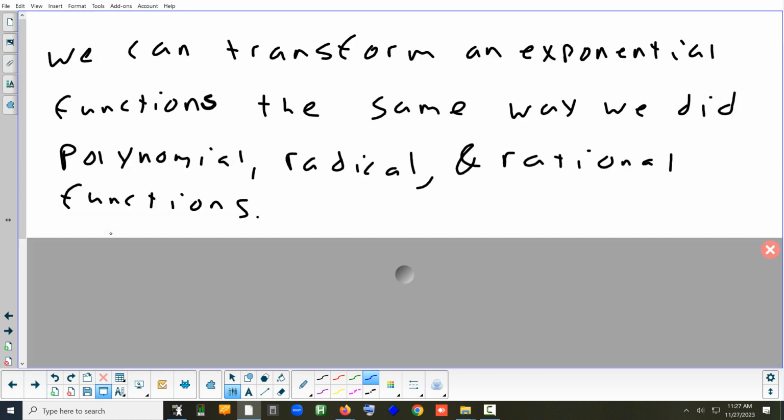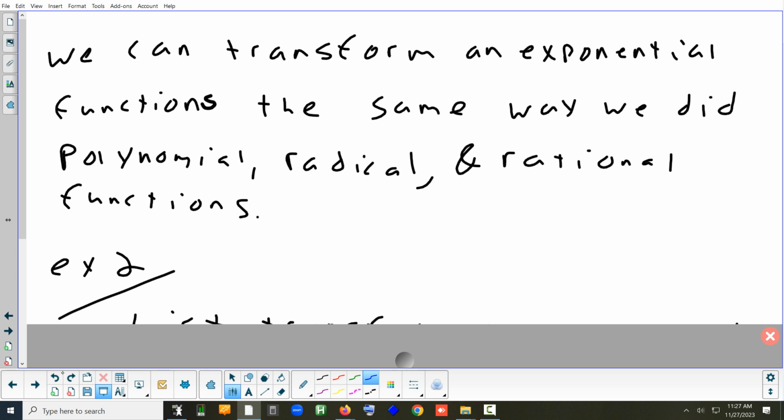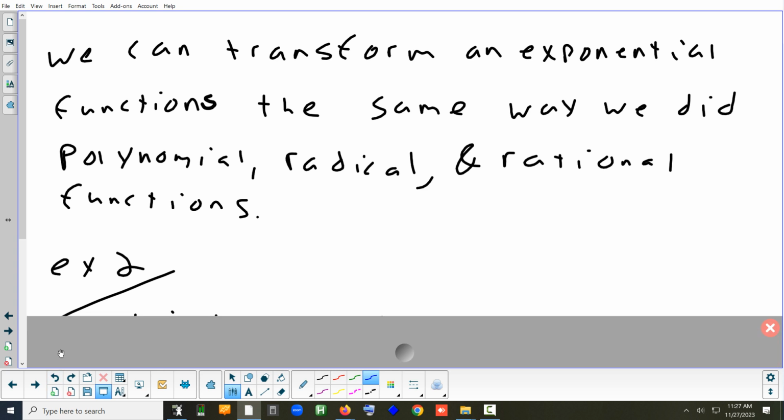All right, transformations. Transformations, and now we'll talk more about the reflection I was doing earlier, work exactly the same as every function we've done all year. Let's say y equals b to the x plus a, times c, plus d. You have a base, could be any base you want.